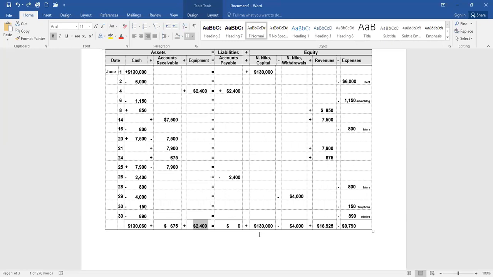Liabilities plus equity, $133,135. And that's what we're focused on here.